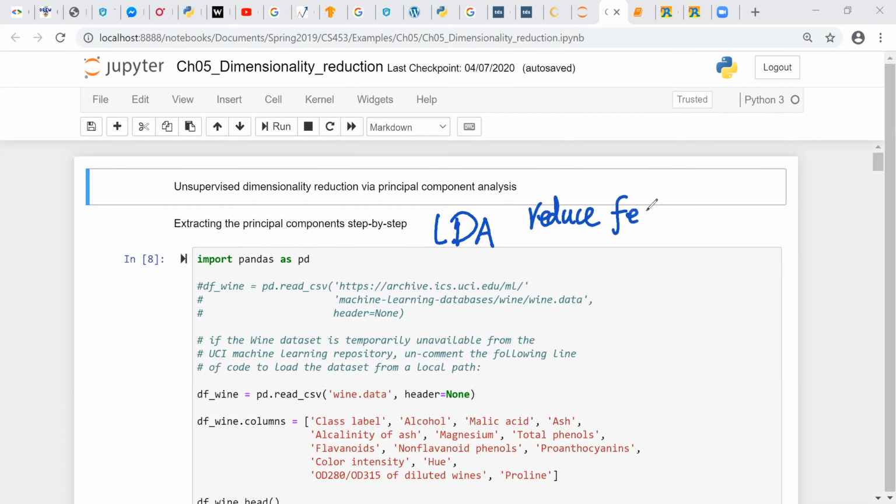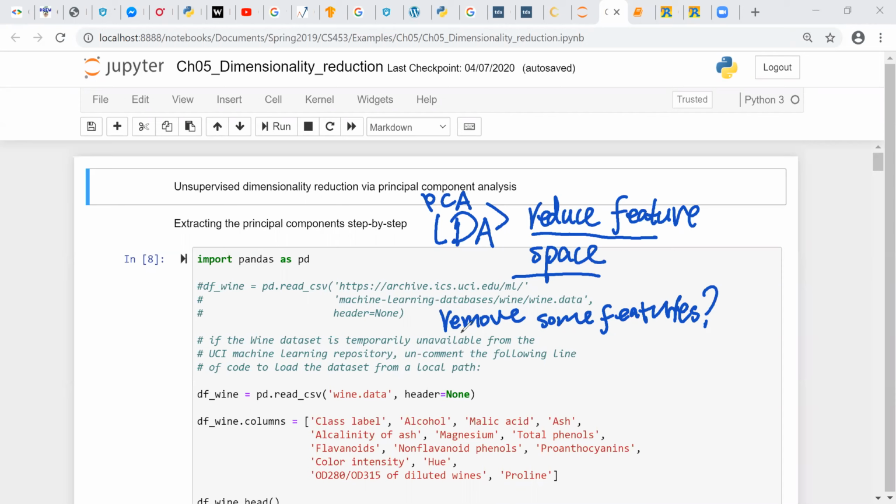Here we said reduce feature space. Both PCA and LDA can reduce feature space. Does it mean you remove some features? Reduce dimensions. Yeah, very good.